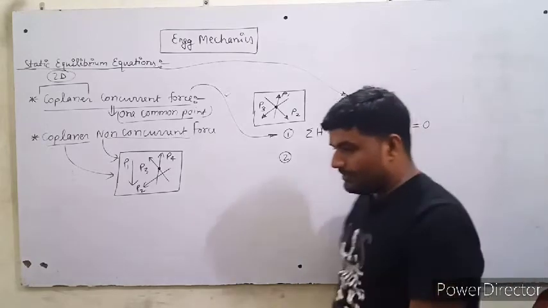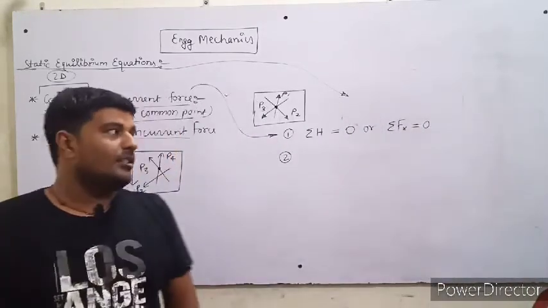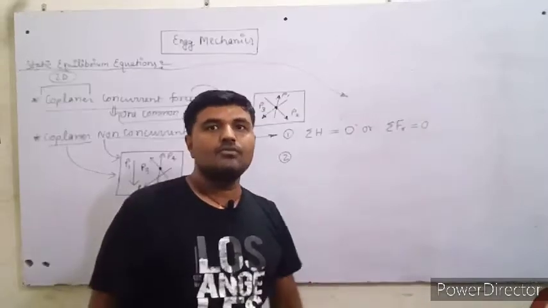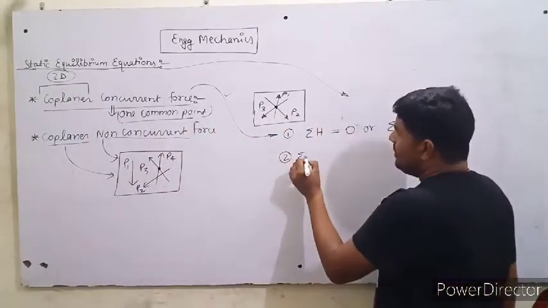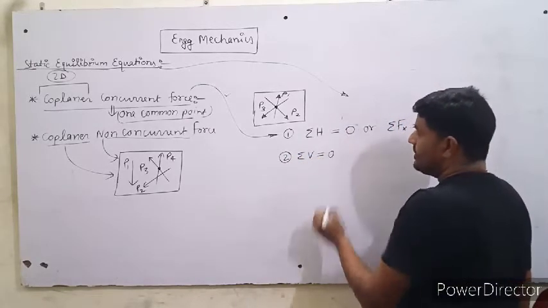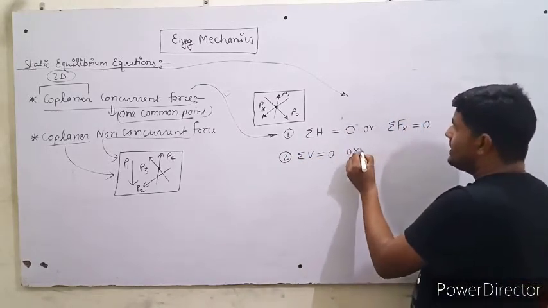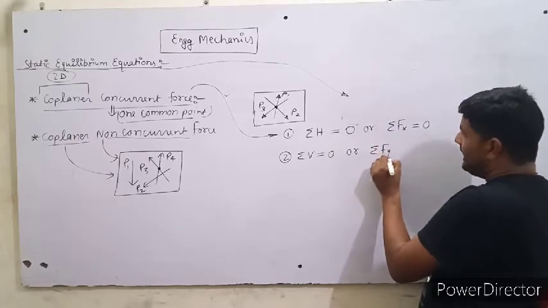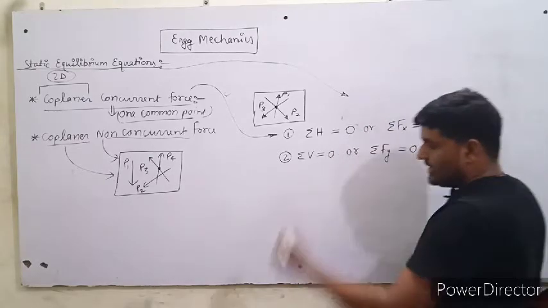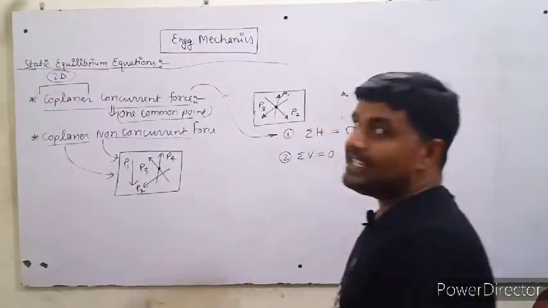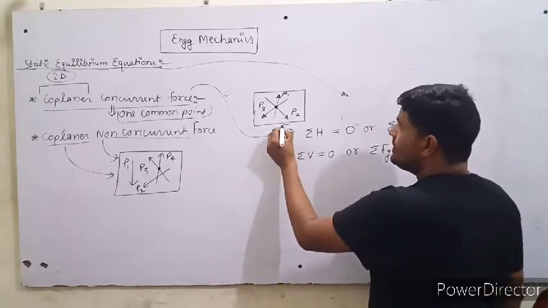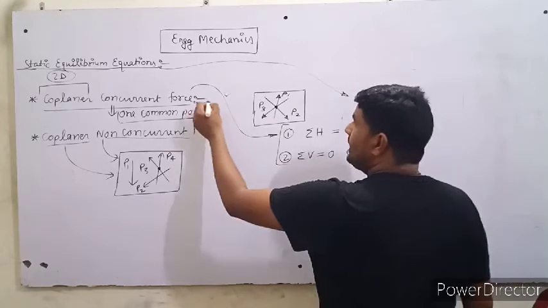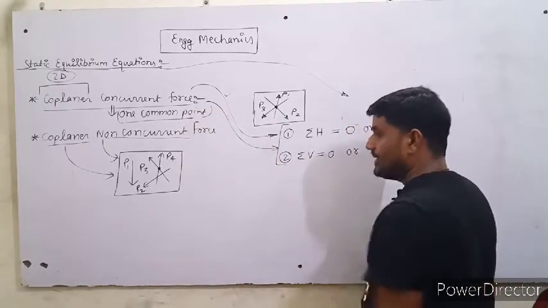Means the algebraic sum of all the forces acting along x direction should be equal to 0. And second equation is the sum of all vertical forces equals 0, or the sum of forces acting along y direction should be equal to 0. So these are the two equilibrium equations we generally use for coplanar concurrent force system.